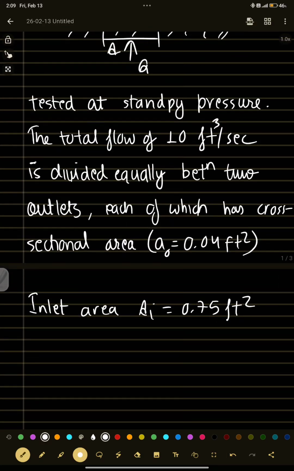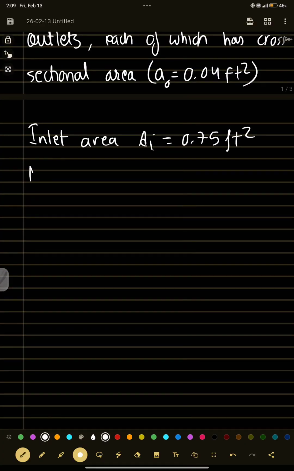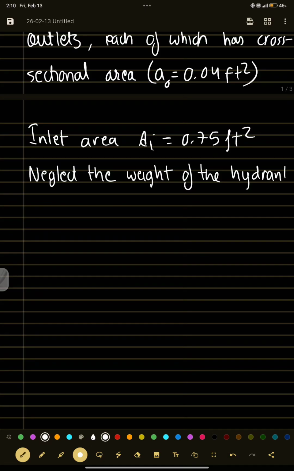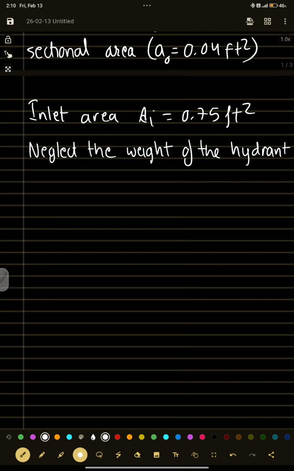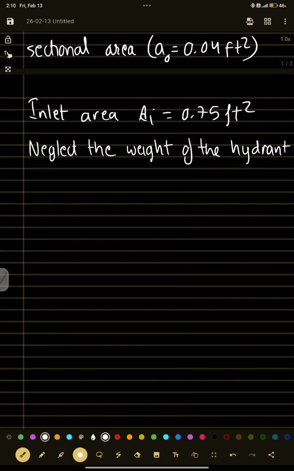Neglect the weight of the hydrant and the water within it.